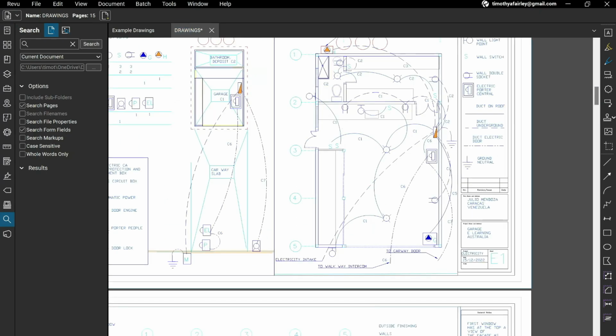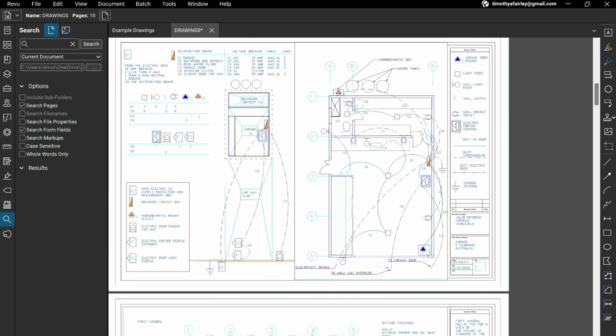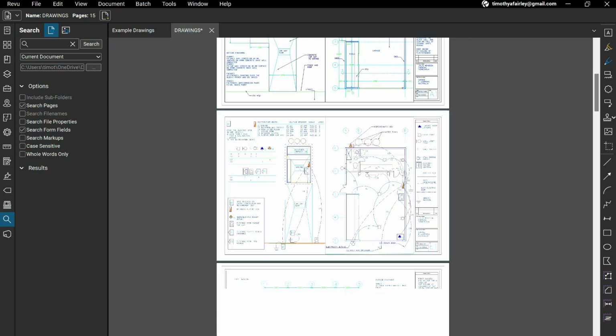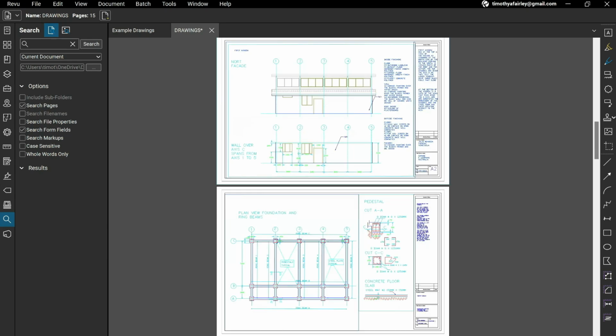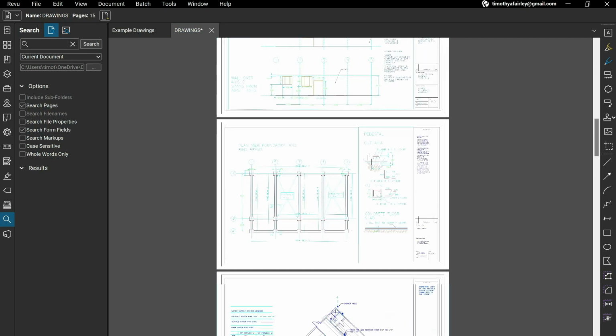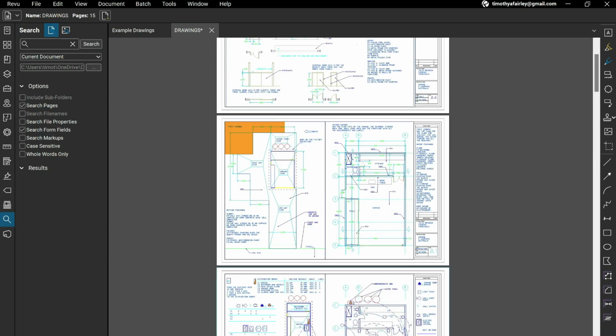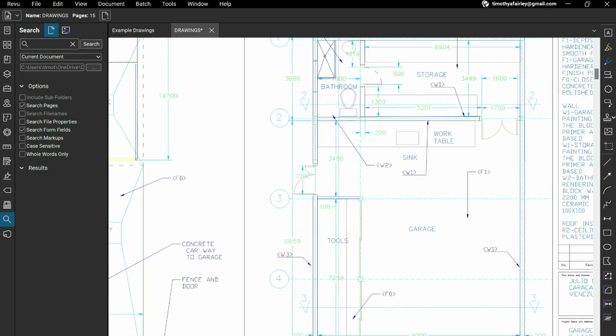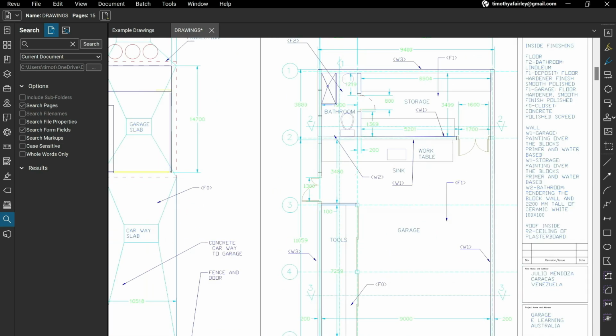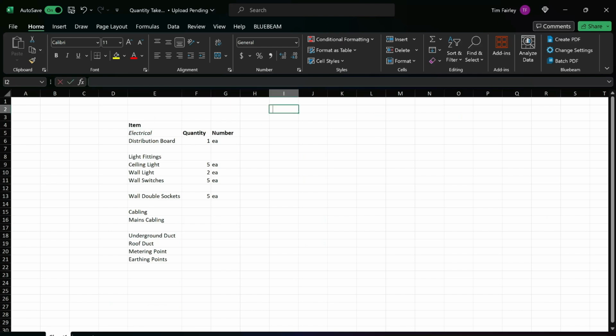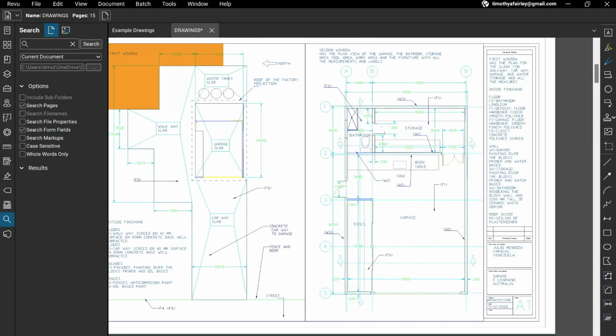Now, this drawing has, again, I don't think it's got a scale on it, but we know the length of the building. So I'll just quickly calibrate. So how long is the building? Building is 11059 plus 3.88. 14.147.